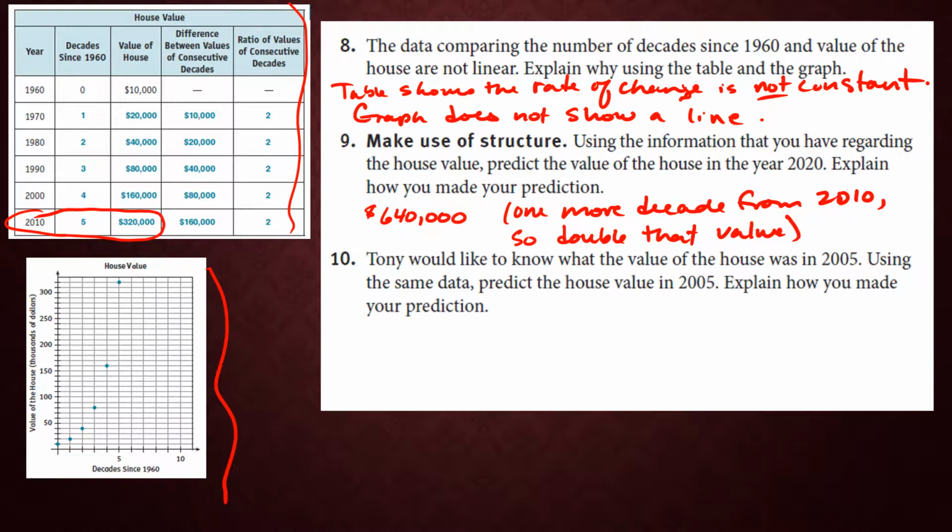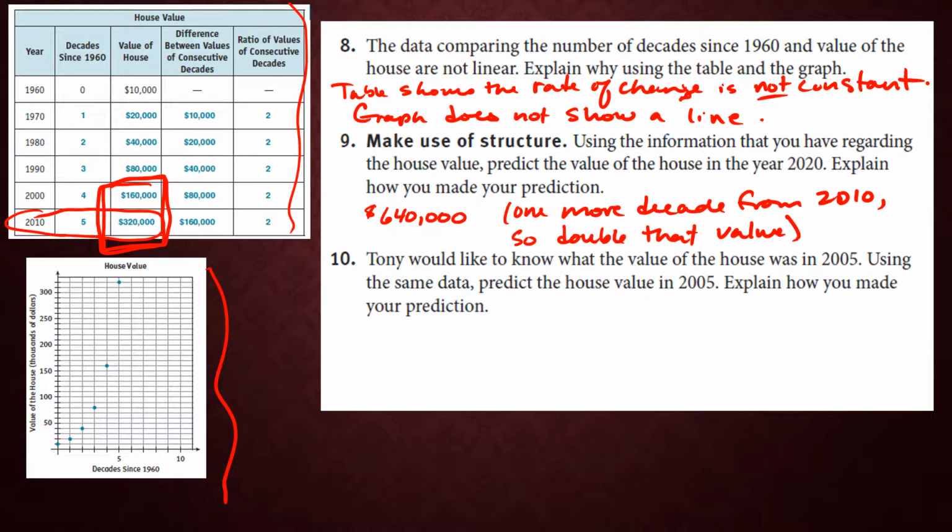Tony would like to know what the value of the house was in 2005. Using the same data, predict the house value in 2005. Explain how you made your prediction. Well, we know that in 2000 it was worth 160,000, and in 2010 it was worth 320,000. 2005 would be halfway between those.